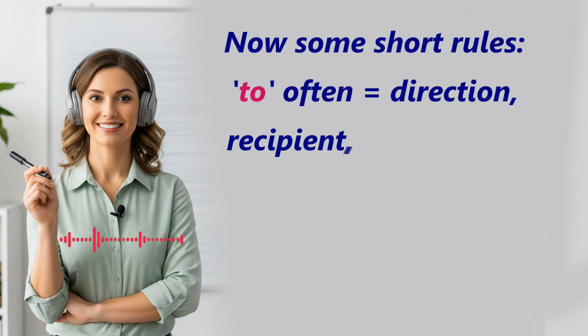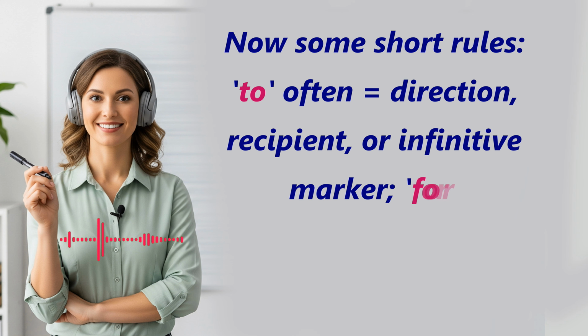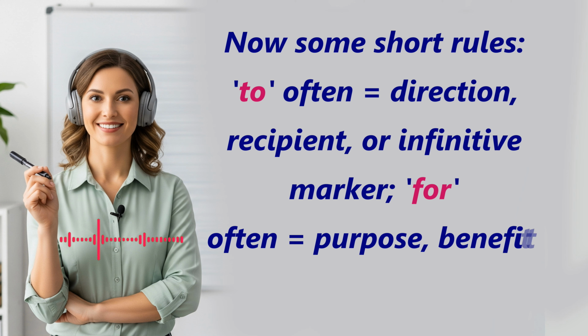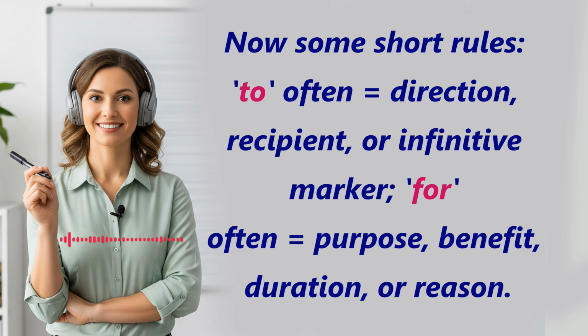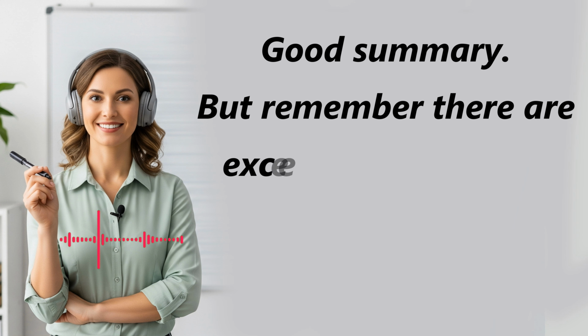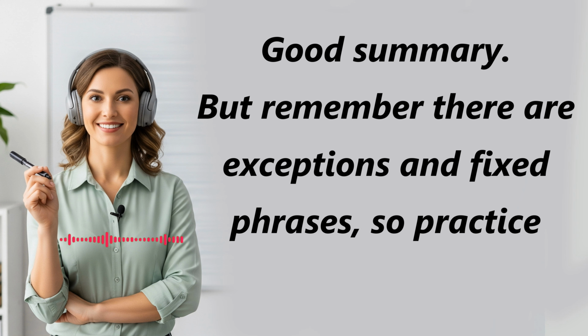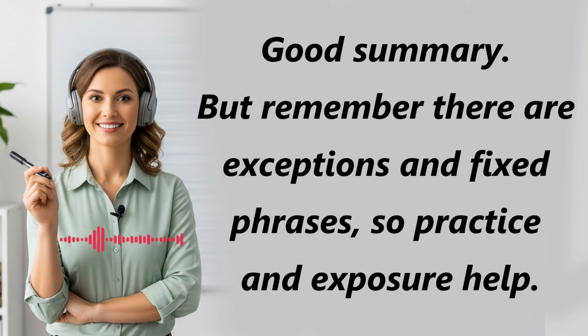To often shows direction, recipient, or infinitive marker. For often shows purpose, benefit, duration, or reason. Good summary. But remember there are exceptions and fixed phrases, so practice and exposure help.